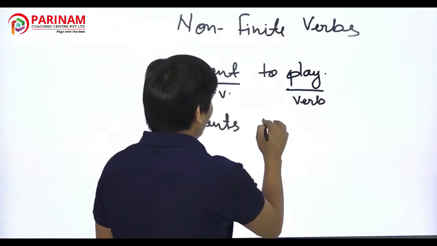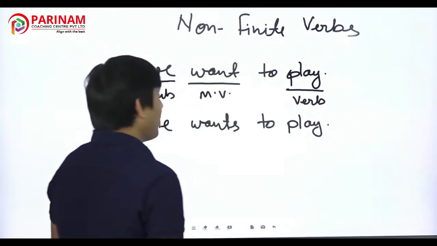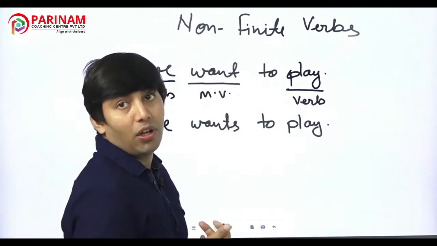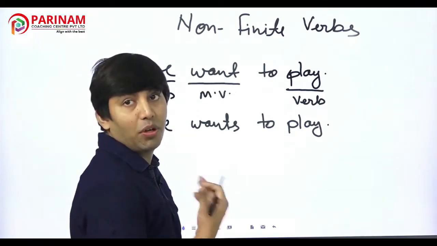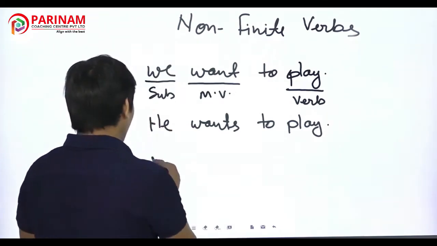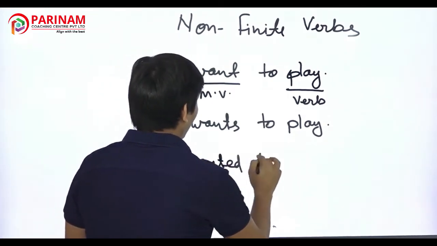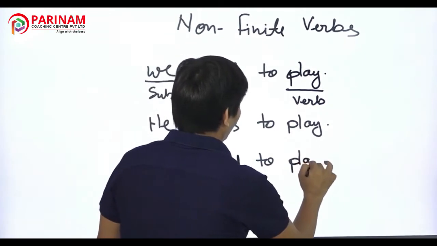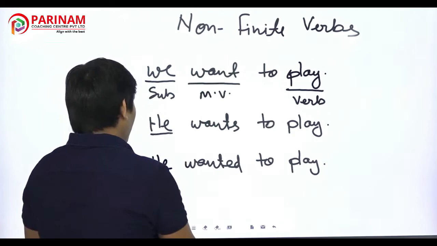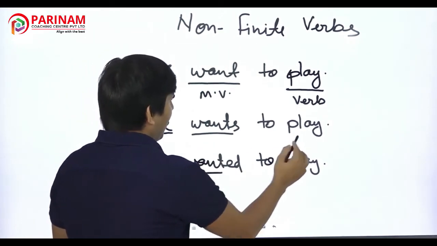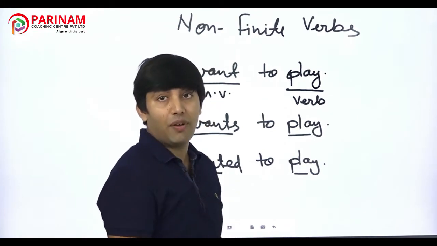He wants to play. If I change the tense of this sentence, say this is in present indefinite tense, and if I change the tense to past indefinite, it will become, he wanted to play. This is subject, this is main verb, and this is also a verb, but this is not the main verb, as you are all aware.